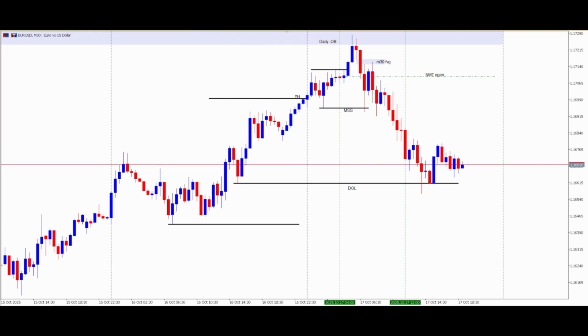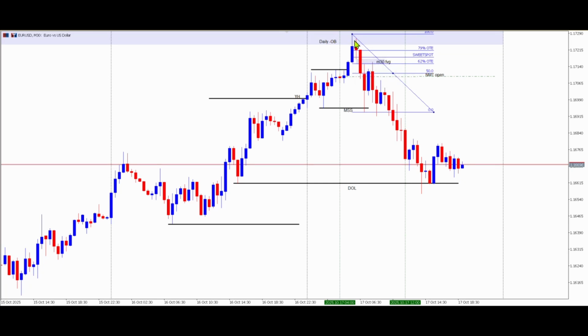And if we use our Fibonacci tool, you will see that our fair value gap overlaps nicely with OTE, 62% OTE. Boom, 62% OTE right there, just a little bit above the lower end of the fair value gap.